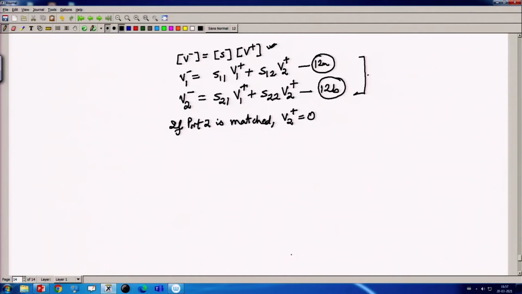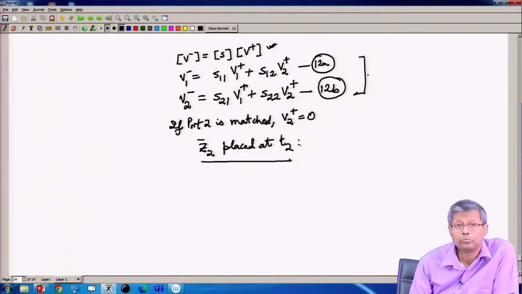Now, if a normalized impedance Z2 bar is placed at T2, therefore, there will be reflection at port 2, there will be reflection from port 2.